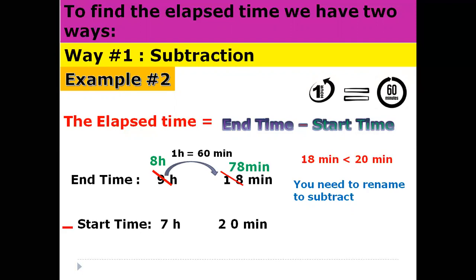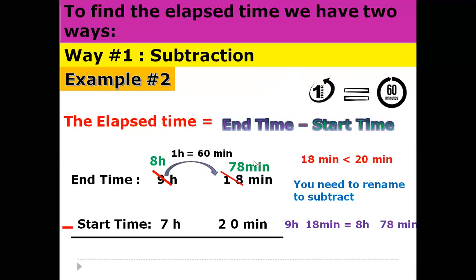So if you add 18 plus 60, that will be 78. So see, the 18 will be 78. Because we are borrowing from the hours. If you take 1 hour from here, you give 60 minutes here, and then you subtract them. Start with the minutes back. 78 minus 20.